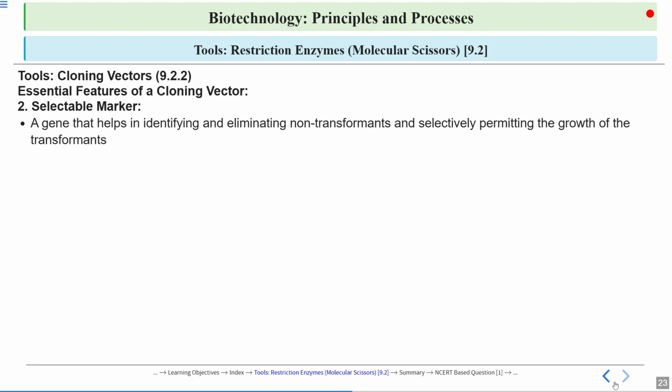So how can we identify that our recombinant DNA got into the host? The selectable marker helps us identify and also eliminate hosts that have not been transformed, and thus helps us select the transformants, the transformed host cells, and that is the reason it is called a selectable marker.